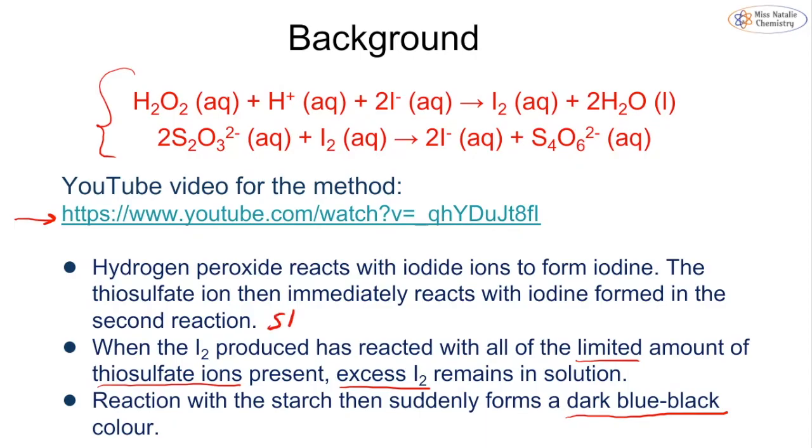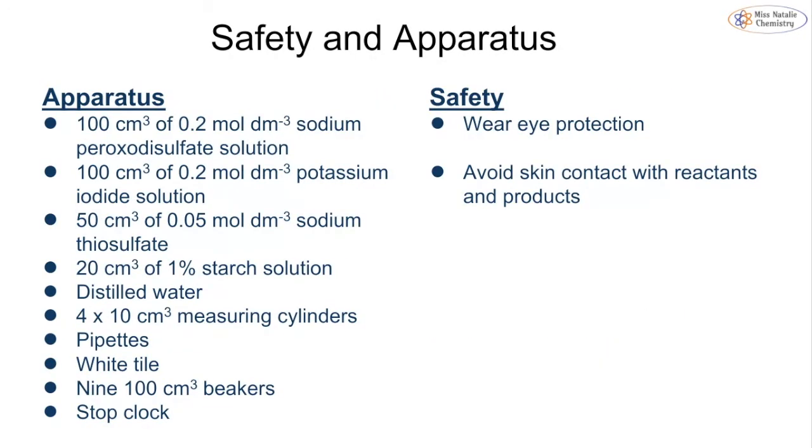So we have starch in these mixtures, and when this reaction is limited by the thiosulfate, that's when we see our colour change, and that's when we would stop our clock, and we can use that time to have a look at our rates.